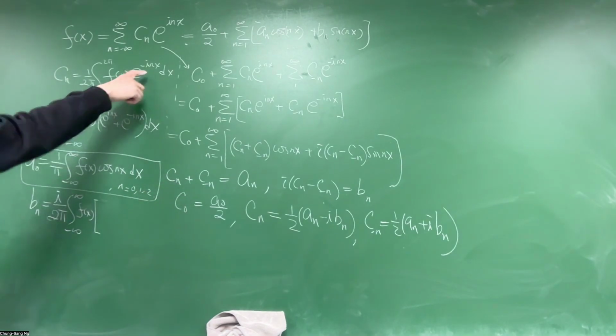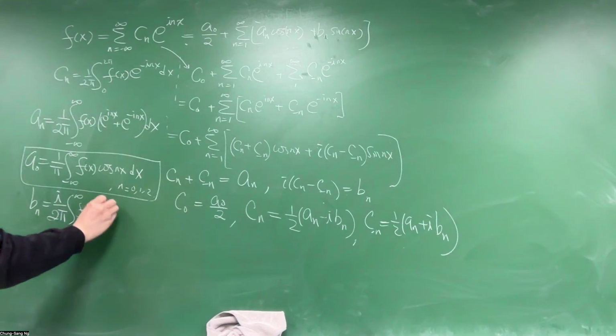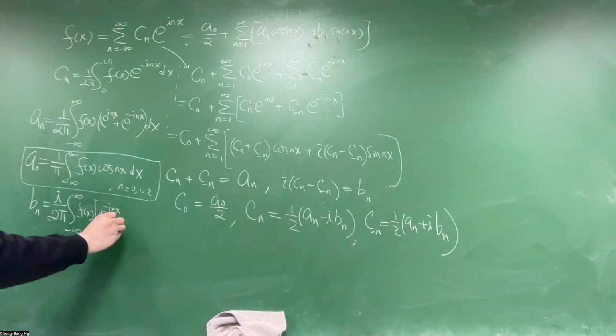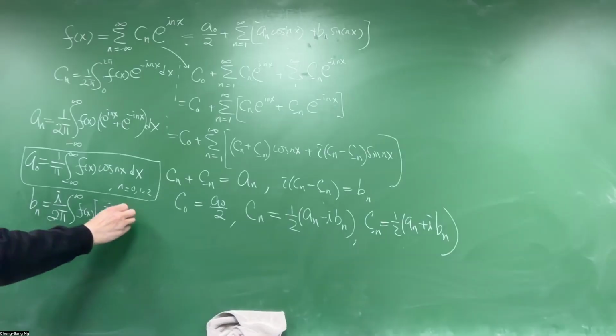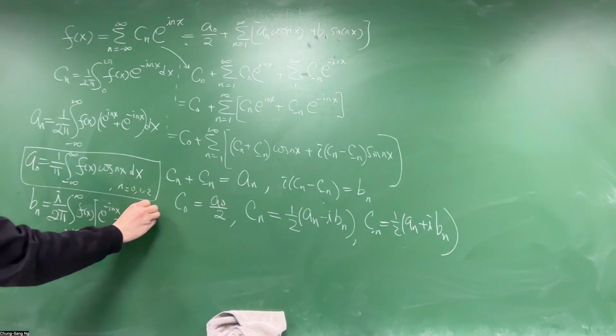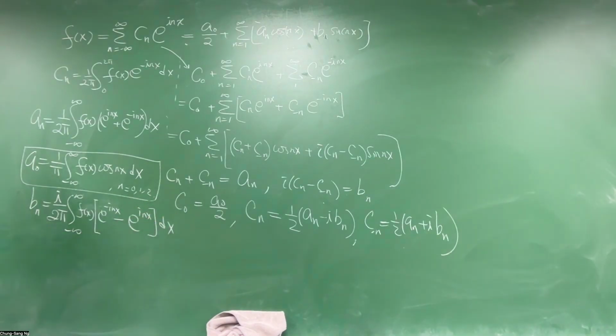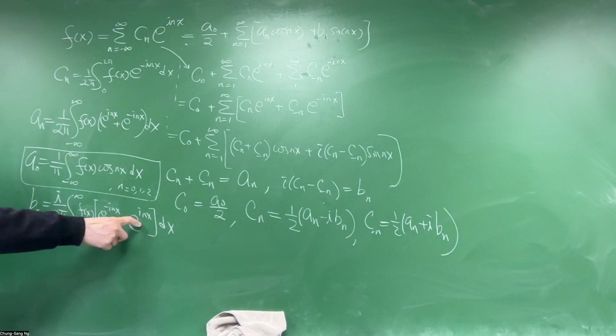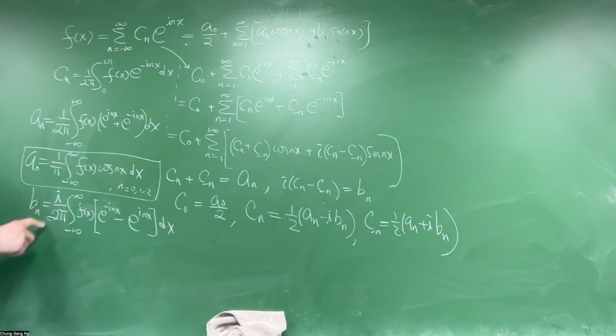And c sub n is e to the minus i n x, and then you subtract c minus n, which is e to the i n x. Now you can identify that this divided by 2 and multiplied by i should be your sine, because sine is defined as this minus that divided by 2i.